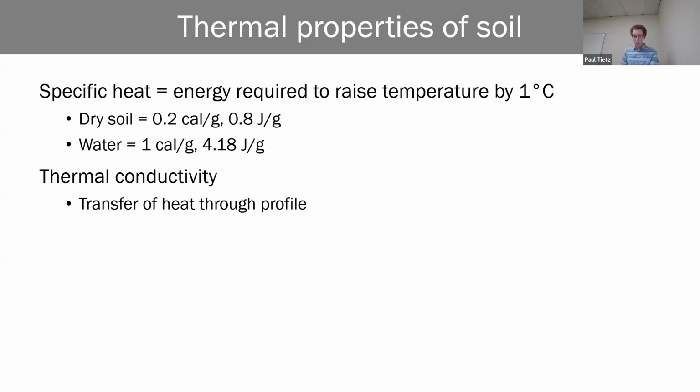And what this does, this conductivity through soil, can create lags in the mean annual soil temperature over time, where the surface of the profile maybe is really hot in the spring and the summer because it's getting the most sunlight then. It still feels like winter in the subsoil because the heat is being conducted downwards at a slower rate.